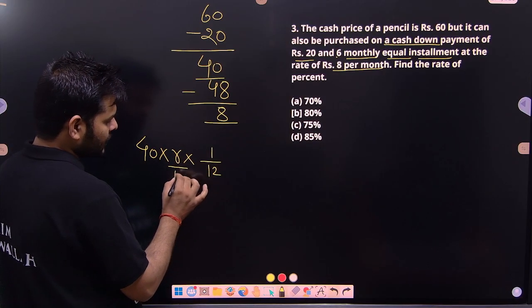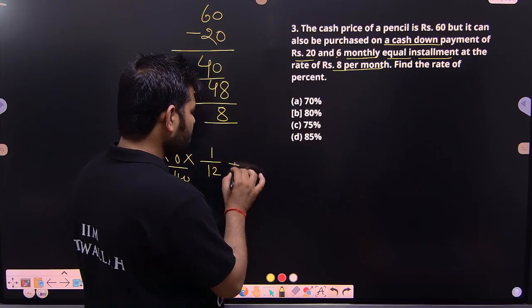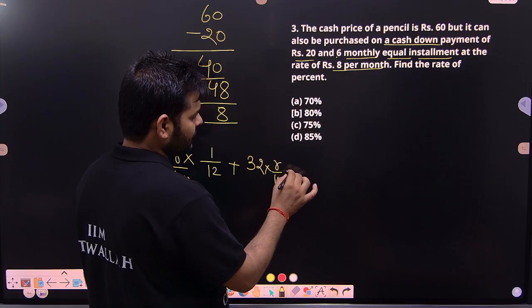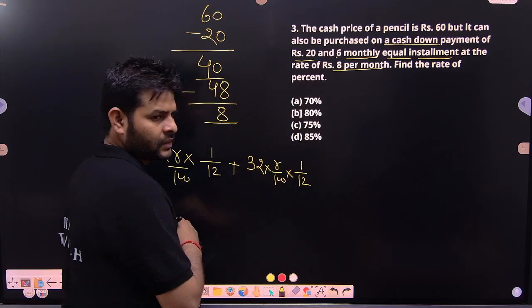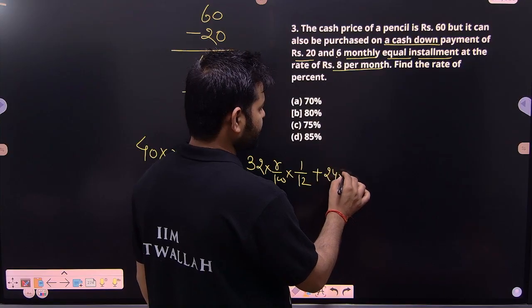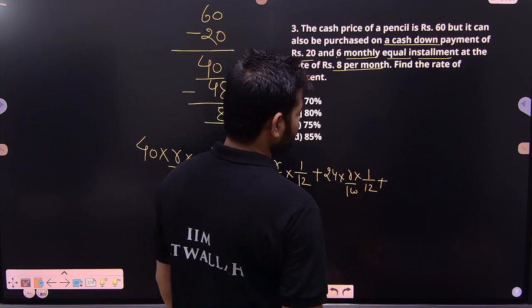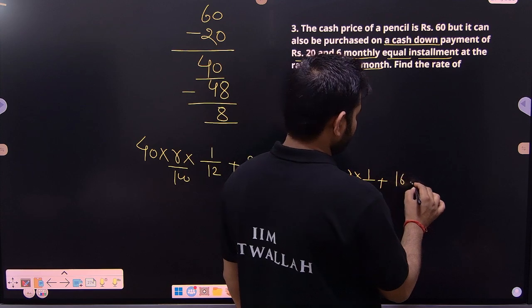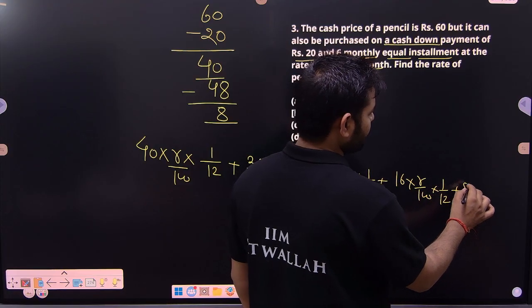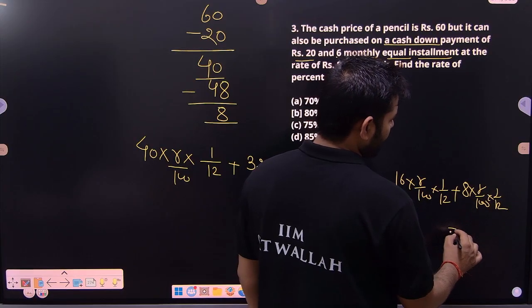That would be the first month interest, and the second month interest would be on 32 with the rate of interest R for 1 month. Then 24 with the same rate of interest for 1 month, then 16 with the same rate of interest, then 8, and total interest would be 8.